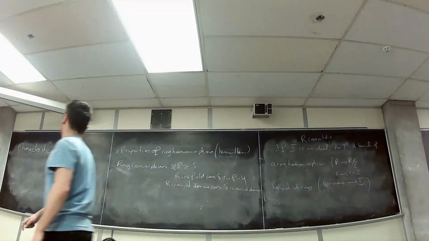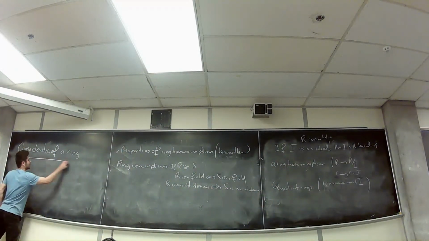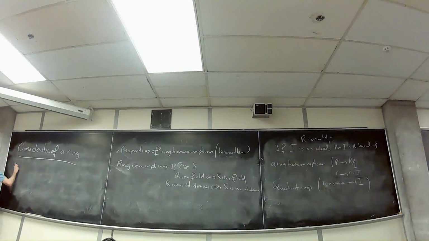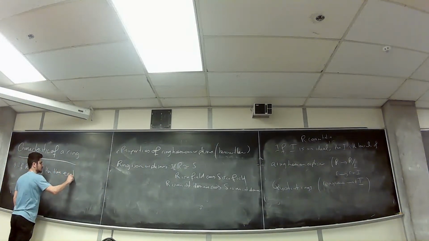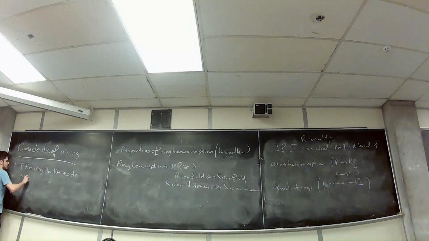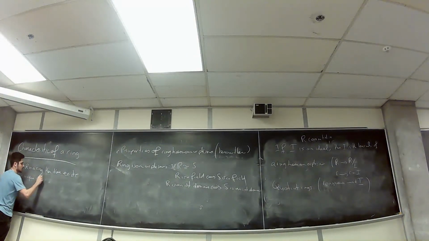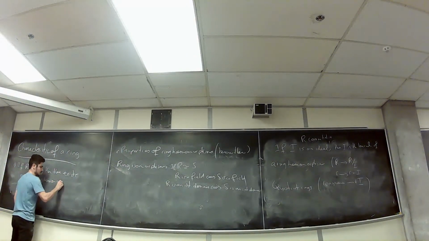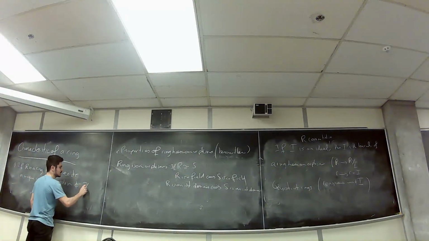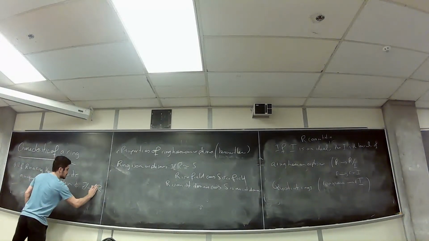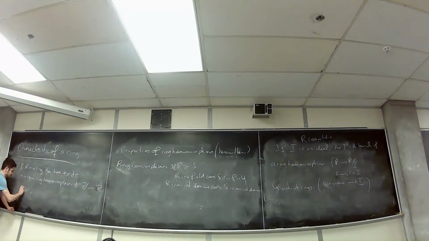So how do we start? What's the definition? You have to know the definition. First of all, if R is a ring, of course, R is a non-zero ring, always assumed to be non-zero. If R is a ring, there exists a unique ring homomorphism, I called it phi, from Z to R. And what is phi of n?